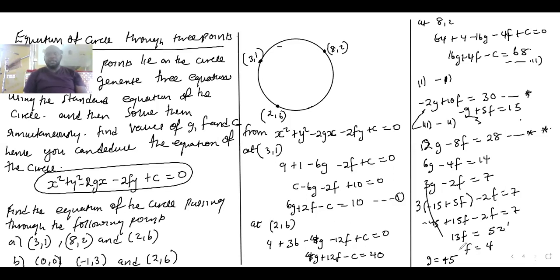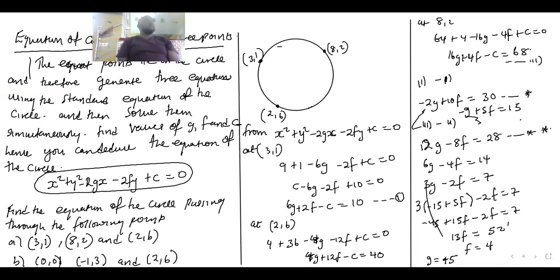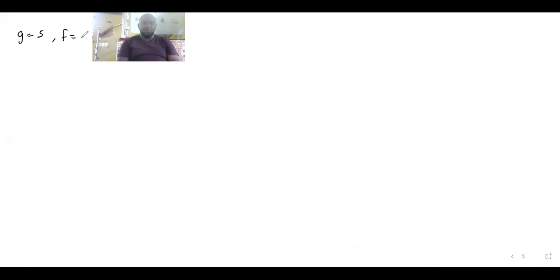Okay, can you find C? So since we have got G is 5, F is 4, and this takes us to, if F is 4, we can find the radius.